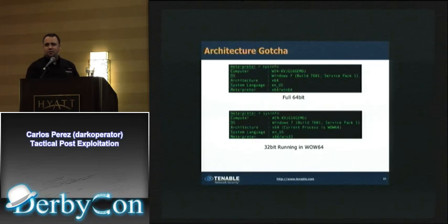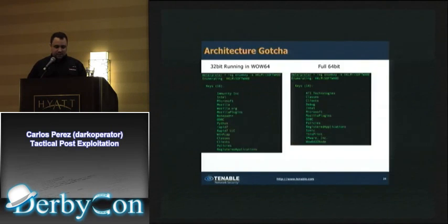But a lot of people say, oh, it's working. I'm getting the information I need. That will not affect me anyway. I can still run most of the commands. Well, there's a gotcha, especially with the registry and files. Here's an example where I'm listing the software key under HKLM. Under 32-bit WOW64, I enumerate 16 keys. Under full 64-bit, I enumerate 14, but there's a key at the end called WOW6432Node that I don't see at the other side.